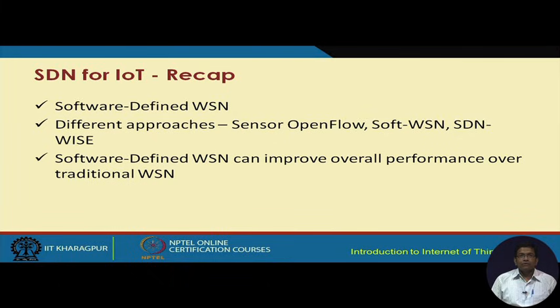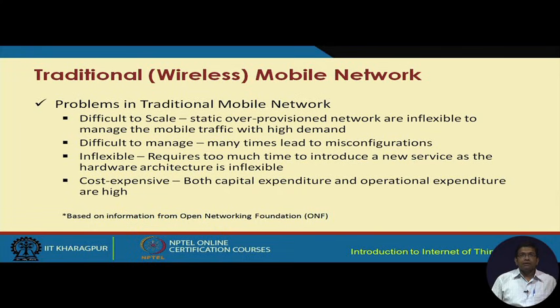The community can use them if they want to implement SDN for WSNs. And we have also discussed how software defined WSN can improve the overall performance of the network compared to the traditional WSNs. So, this is what we discussed earlier.